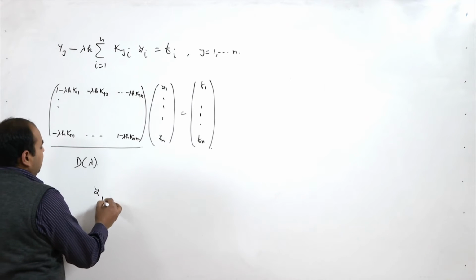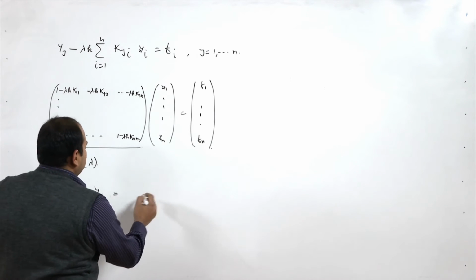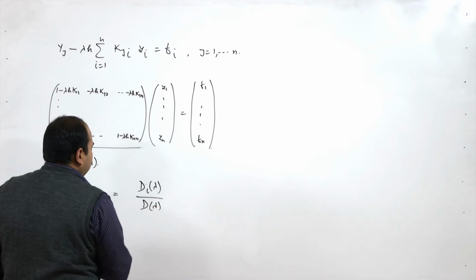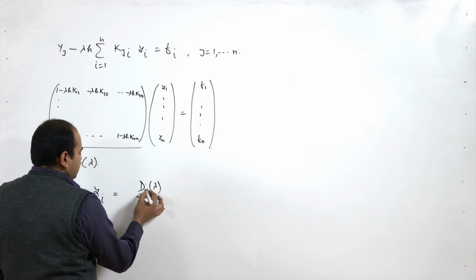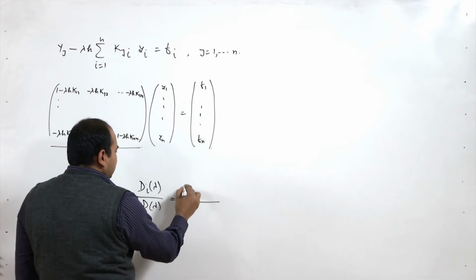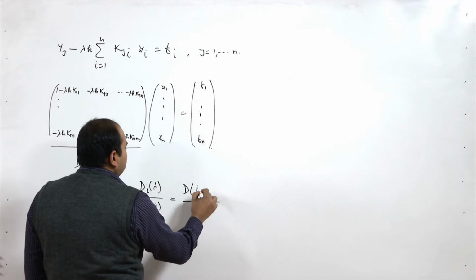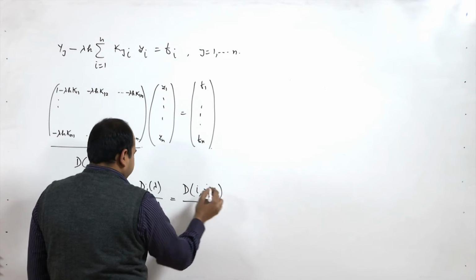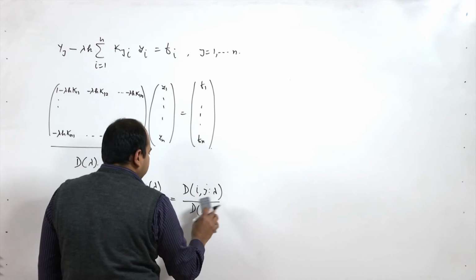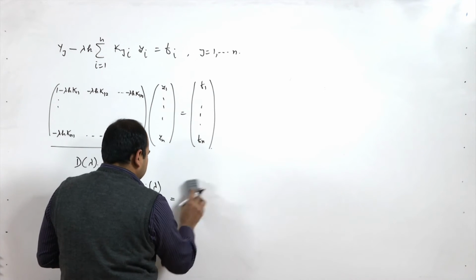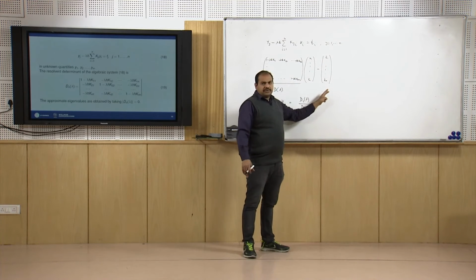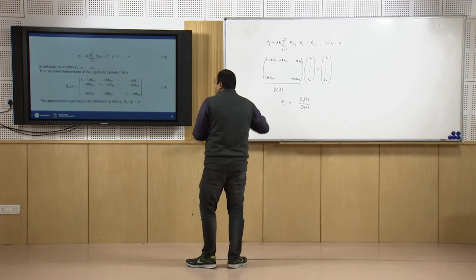In that case you can write the solution y_i as D_i(lambda) divided by D(lambda). D_i(lambda) is D(lambda) with the ith column replaced by f_1 to f_n.